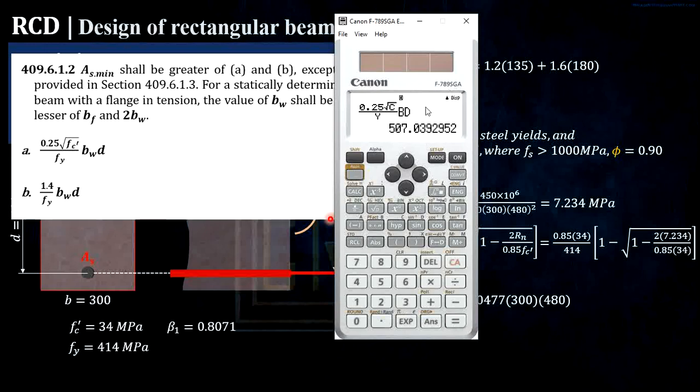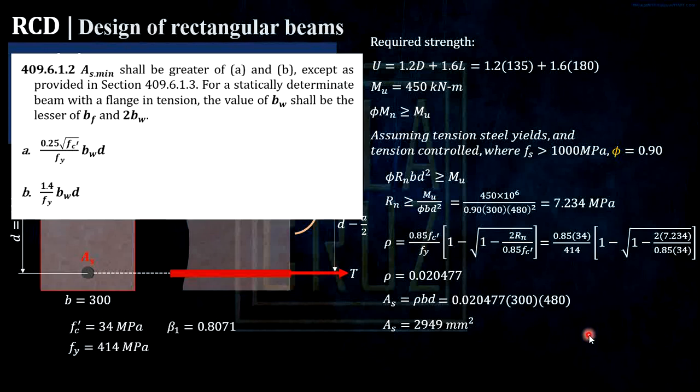So the first value is 507, and this value is 486. So A will be the greater, and we will use it as As min, 507. As you can see, our required tension steel is greater than As minimum, so that is okay. It did not fall below that, so we pass this criterion.